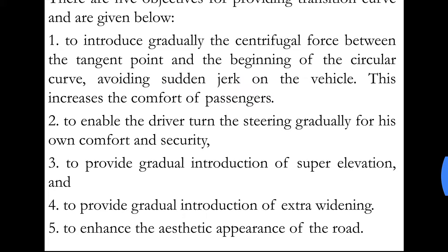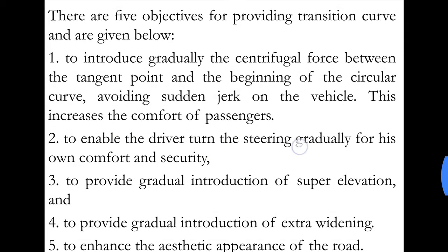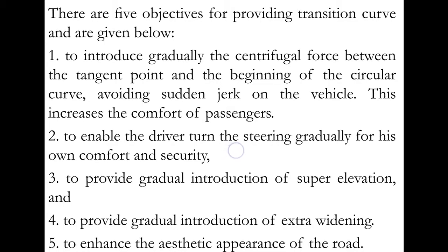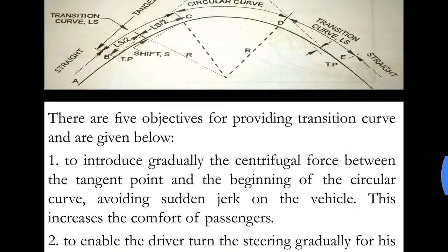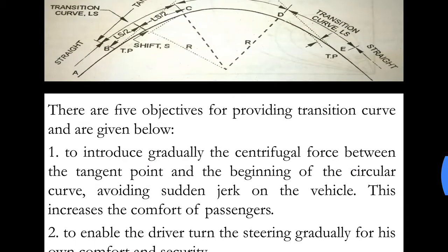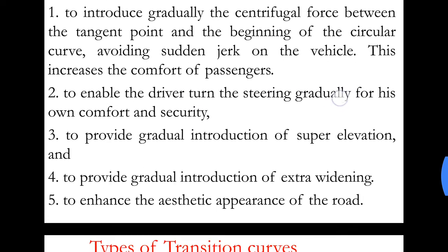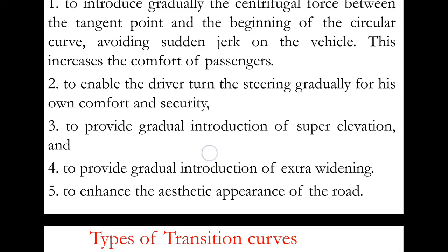Second point, to enable the driver to turn the steering gradually for his own comfort and security. Since the curve is being induced gradually, the steering can also be done gradually. This also increases comfort and security.